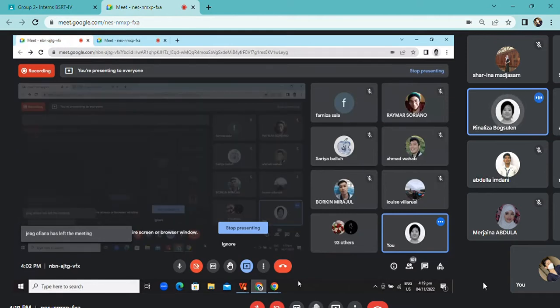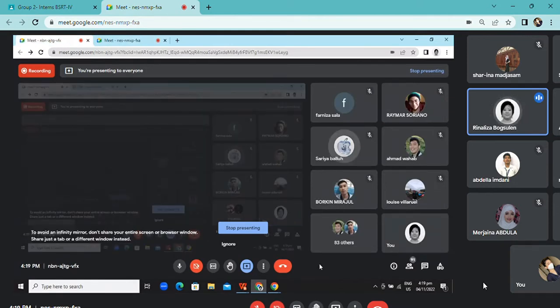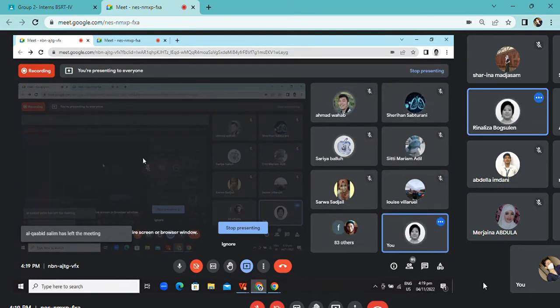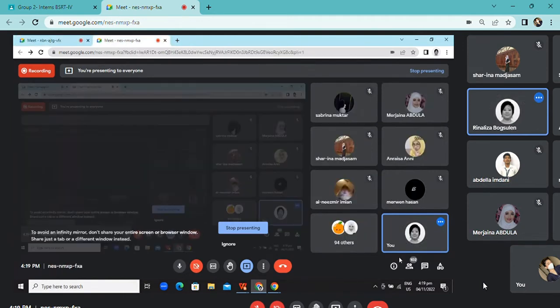How about the other classroom? Are you still with me? Ay, wala. Nawala sila. Okay. Konti lang. Nawala na yung iba. Majority, 91 na lang kayo. Anong room ito? 91 na lang sila dito sa room na to. The other room, 102.